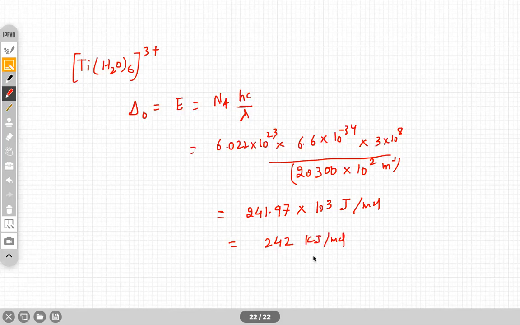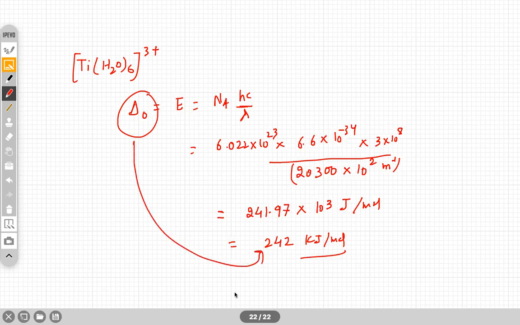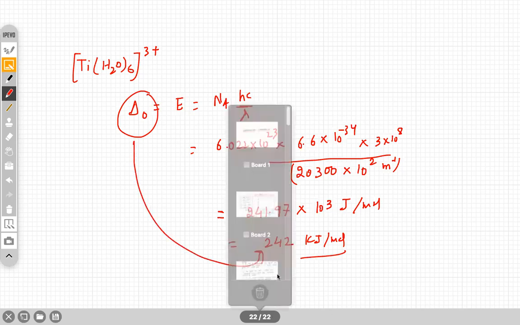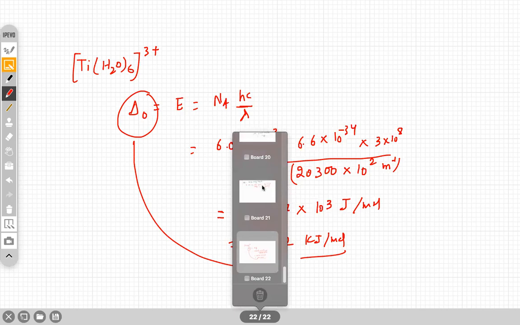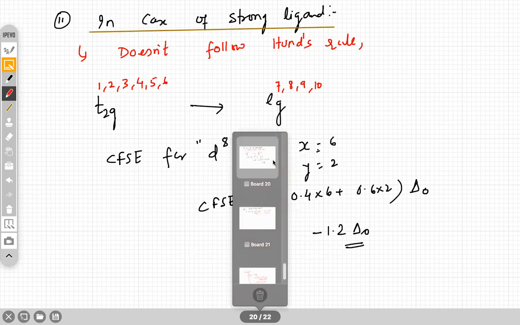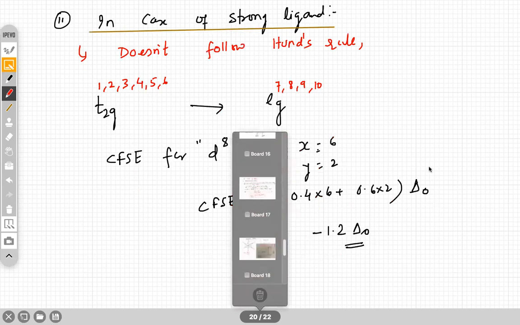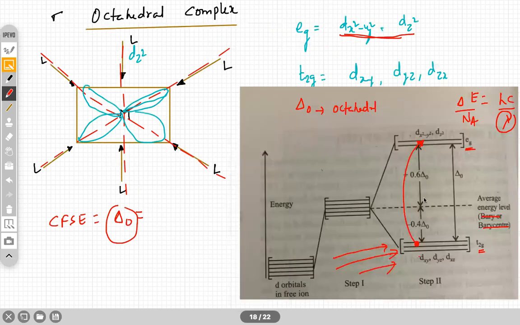So you see, for this complex, this delta O is nothing but the value of energy, which is this gap here. And that is what I am talking about here. This gap is the energy, right? This energy is delta O, the splitting we have, which equals Na times hc by lambda, because we are doing a per mole calculation.